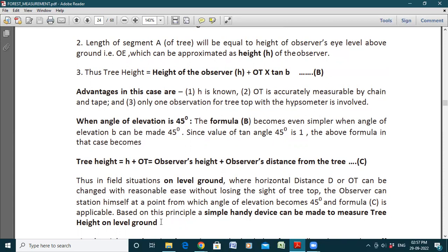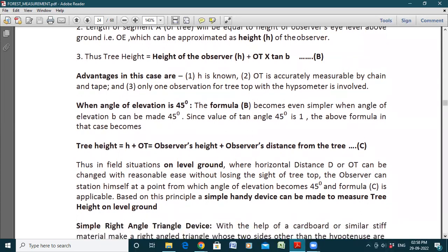Yes, we can do that. If we step back a little and make this angle 45 degrees, then we can easily calculate using formula C, that is, tree height equals h plus OT. Based on this principle, a simple handy device can be made to measure the tree height on level ground.